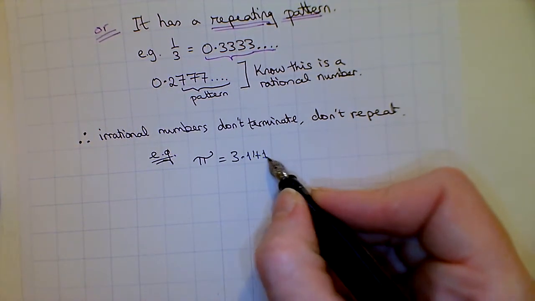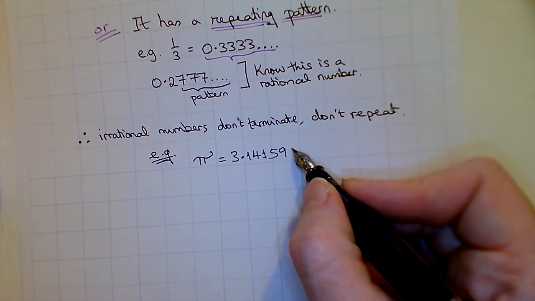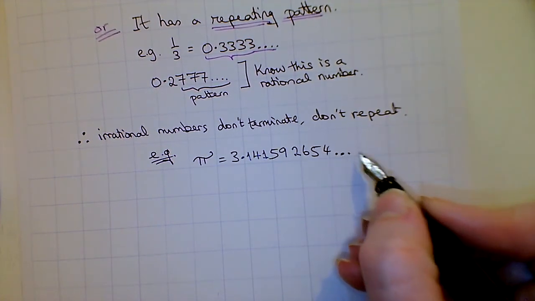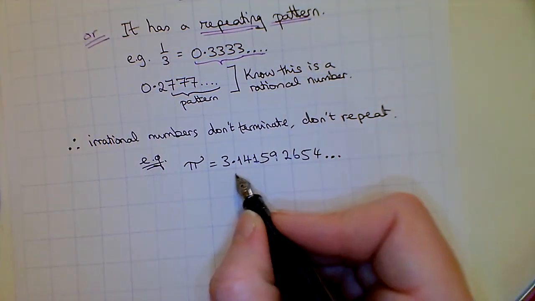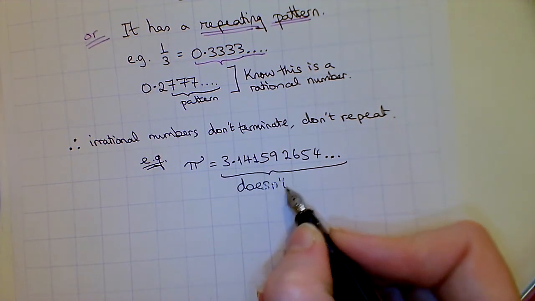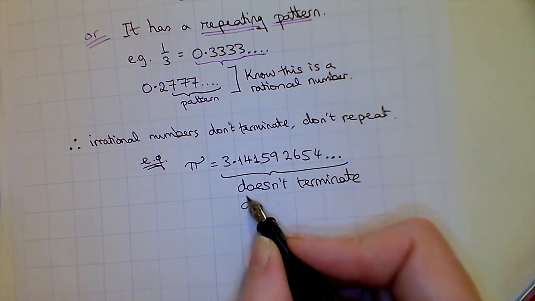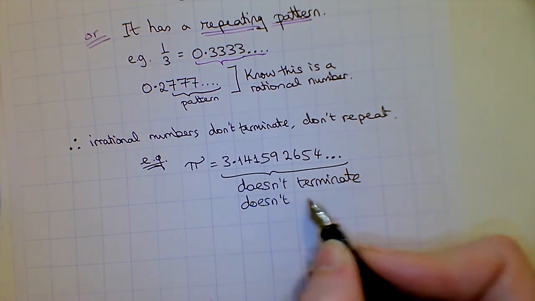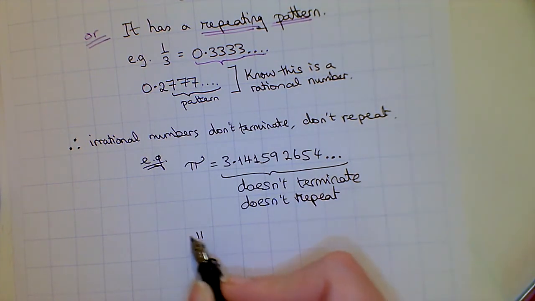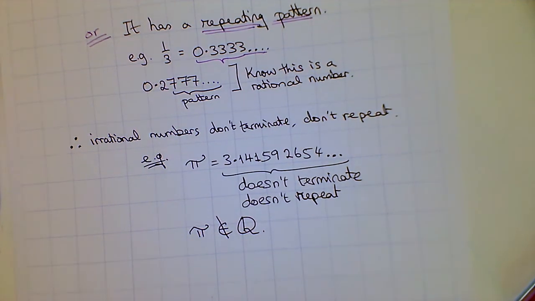In fact, it's been proven that it will never have a pattern. That's fairly complicated maths. At this point now, computers have calculated pi to millions of decimal places. So it doesn't terminate and it doesn't repeat, which is why we can say that pi is not a rational number.